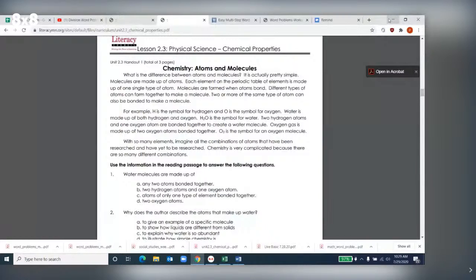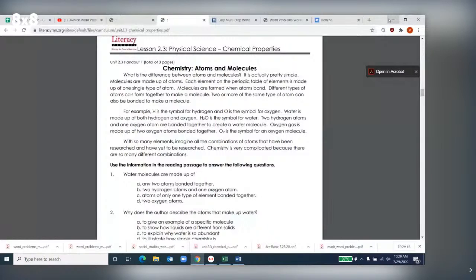Read the following sentence: Chemistry is very complicated because there are so many different combinations. And then it asks for the main idea of the passage. Then it says, what makes up a molecule of oxygen gas? And explain why understanding bonding is important for understanding molecules. And there's an incomplete sentence that we'll fix.